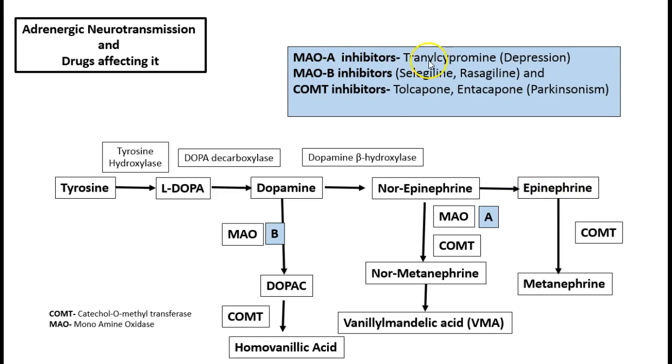Hence MAO-A inhibitors are mainly used in depression because they are known to increase these amine levels.